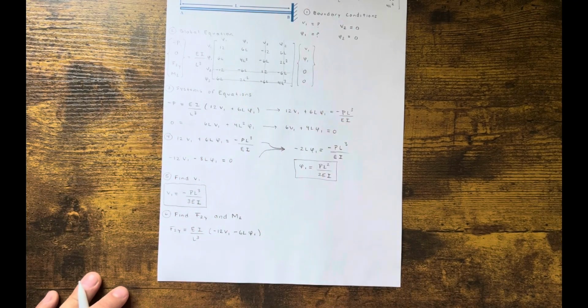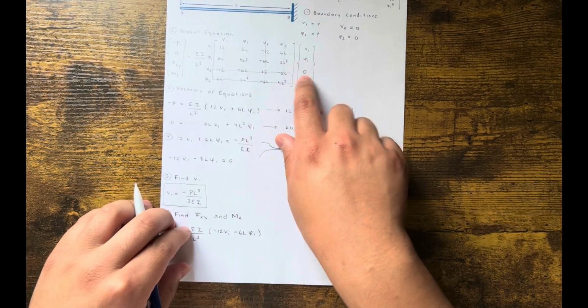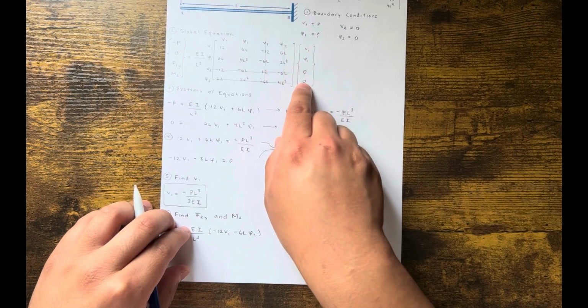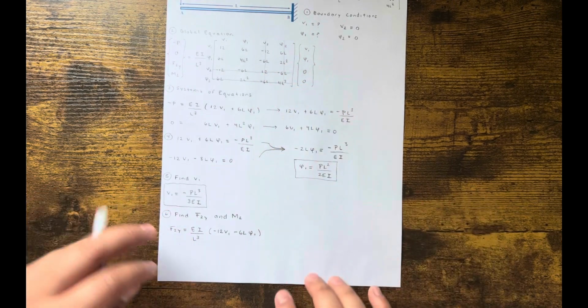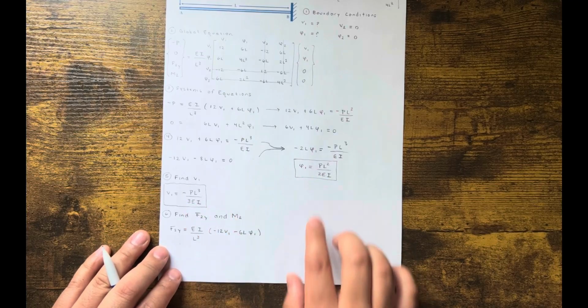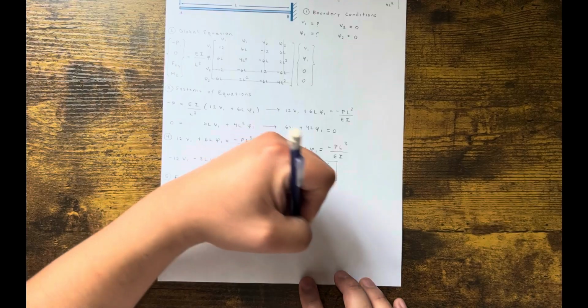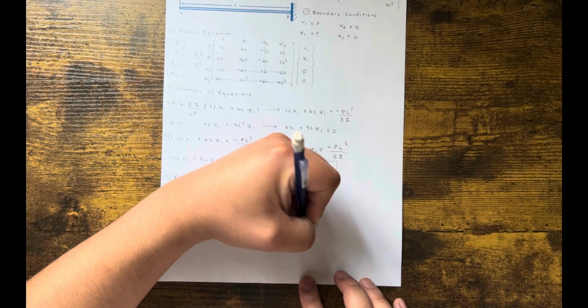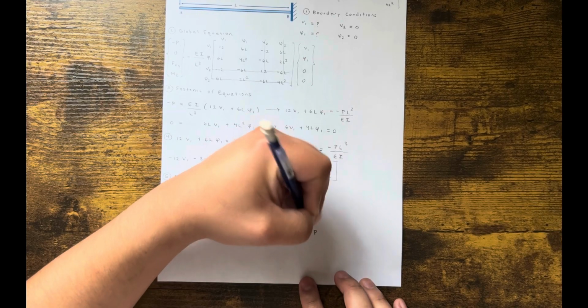And you don't have to do the rest, because it's just 0. 12 times 0 is -6L times 0, so those go away anyway. Plug in your V1, V1, and you will get F2Y is equal to P.